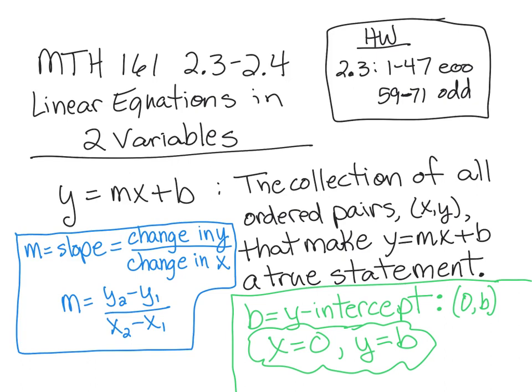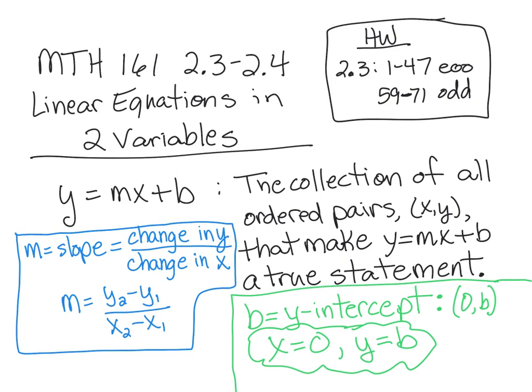Now, one other thing to notice, if I plug 0 in for the x value, then this bit is gone and I get y equals b. That makes b what's called the y-intercept, because if I draw the picture and I plot this point where x is 0 and y is b, I'm on the y-axis.